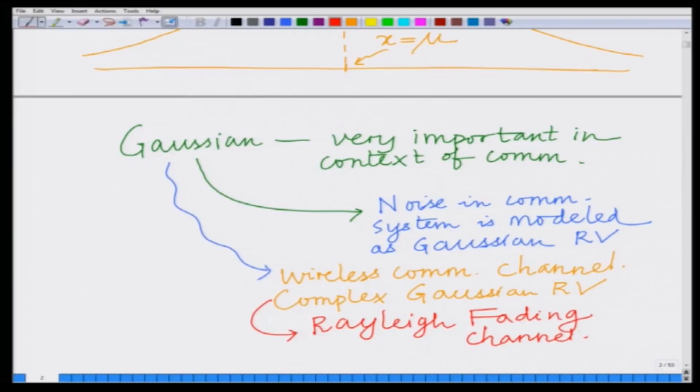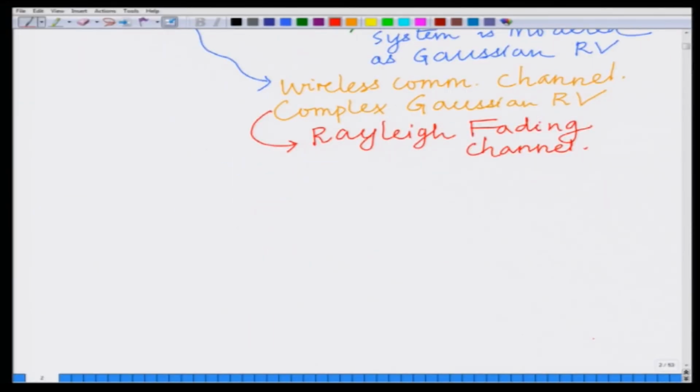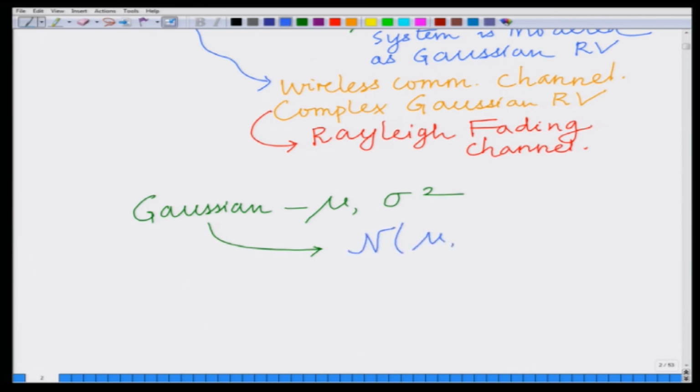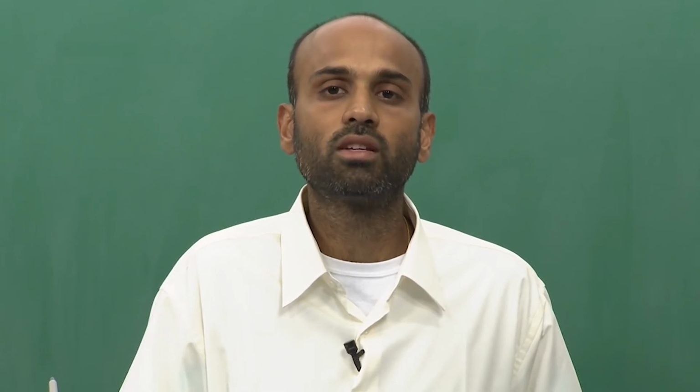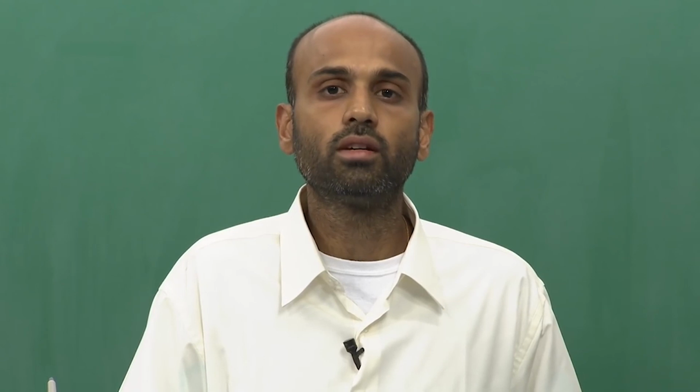Further, a Gaussian with mean mu and variance sigma square is also denoted as N of mu comma sigma square, using the calligraphic N, where mu is the mean and sigma square is the variance of the Gaussian random variable.